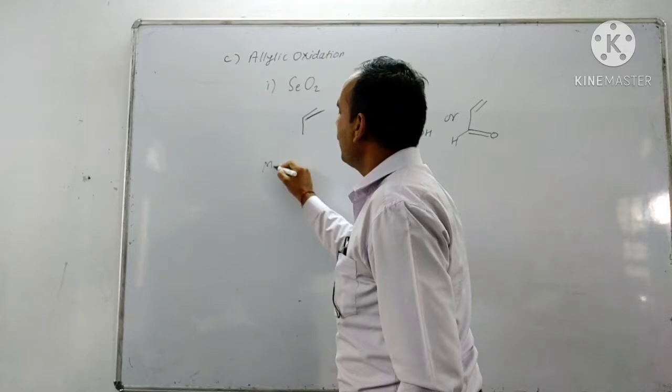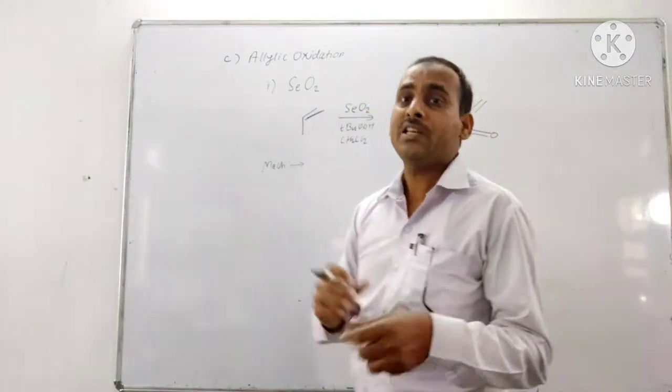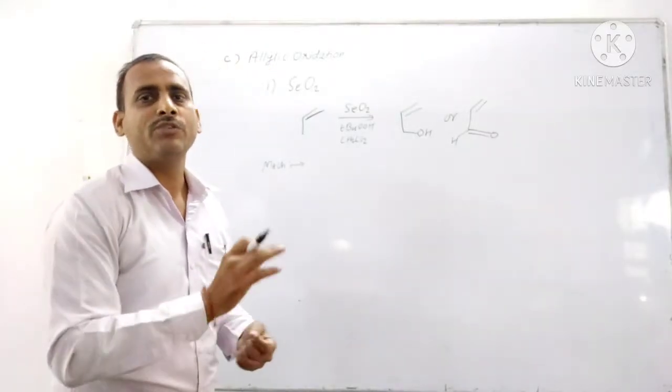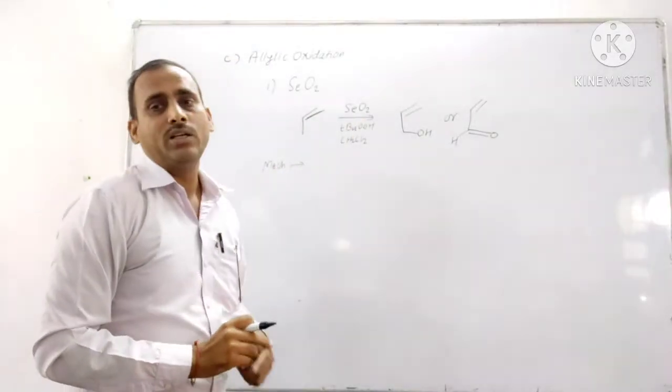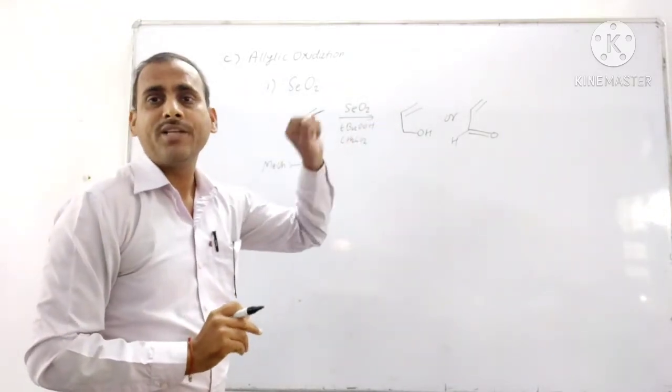In the mechanism, first there is an ene reaction, followed by a 2,3 sigmatropic rearrangement to give the corresponding allylic alcohol or allylic aldehyde or ketone.